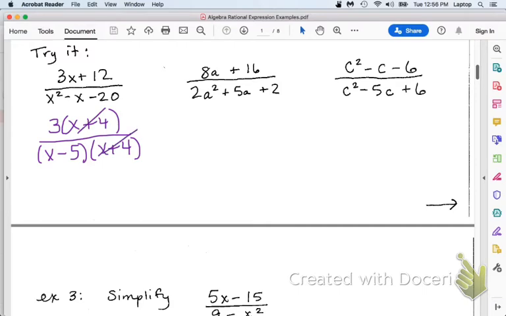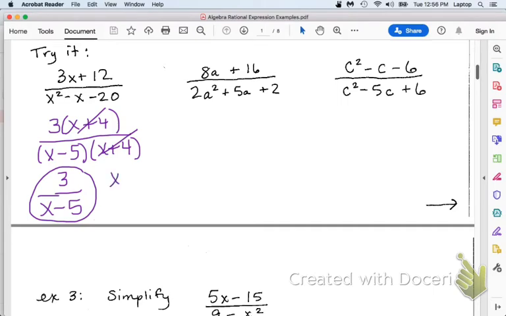All right. And then we have a simplified version here where we have 3 over the x minus 5. And this is why it's important that you look at the original problem to get the excluded values, or you would miss the whole idea that a negative 4 would be excluded.